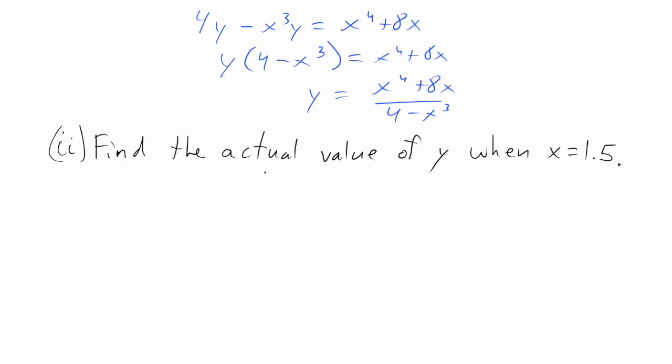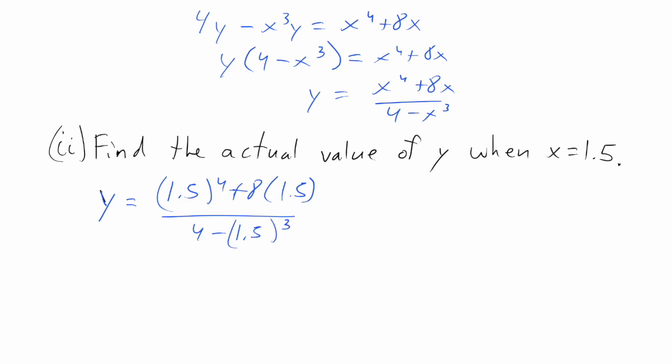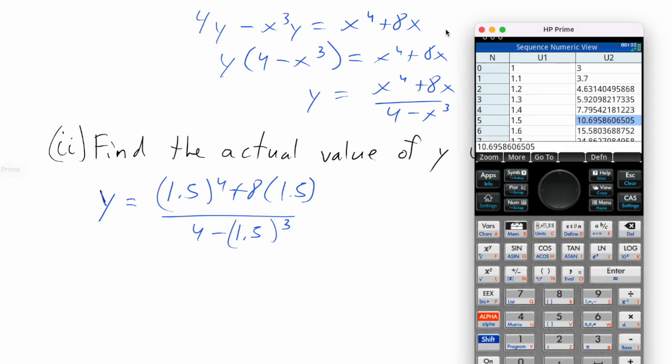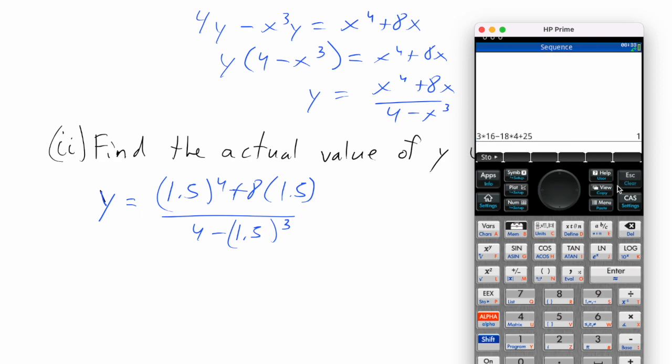And this next part is asking for the actual value of y when x equals 1.5. Recall earlier we did this with Euler's method, but we can get the exact answer now by just substituting into what we did in this previous part. Previously we got 10.7. Let's see how close it is. Okay, so just type that into our calculator.